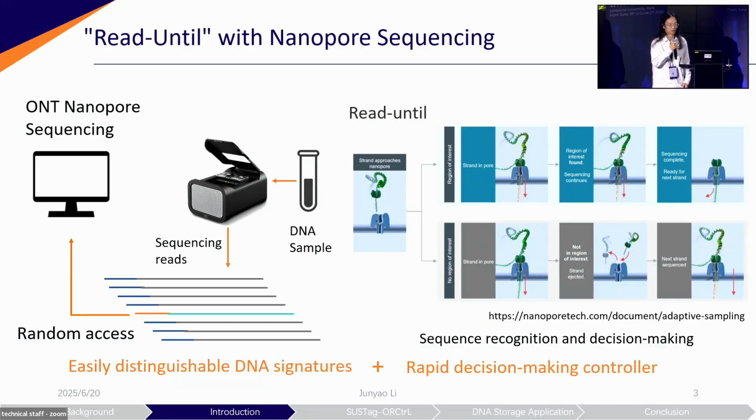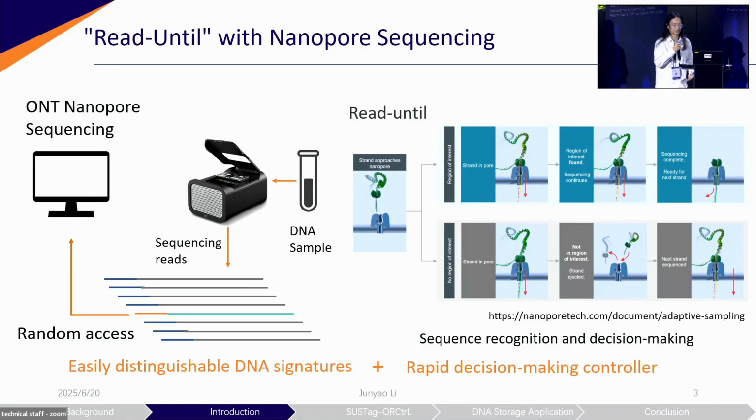The system will recognize the DNA strand and decide whether to accept or reject it. If the DNA strand belongs to our references of interest, the sequencing will continue. If not, the sequencer will reject the strand and start sequencing another one.